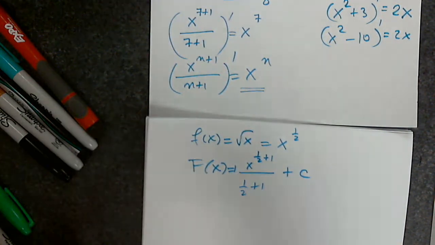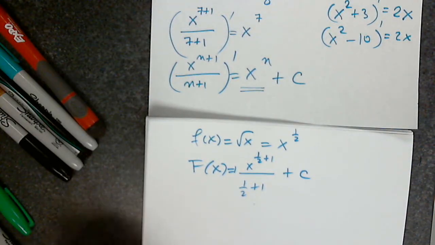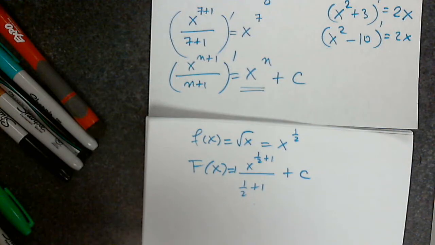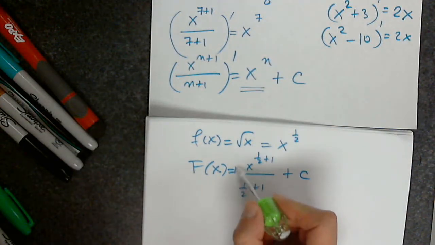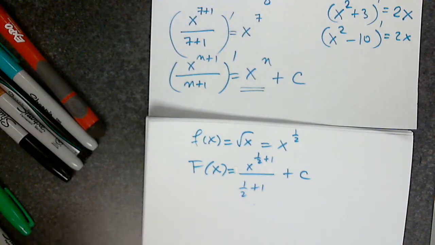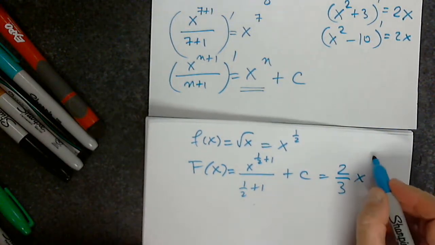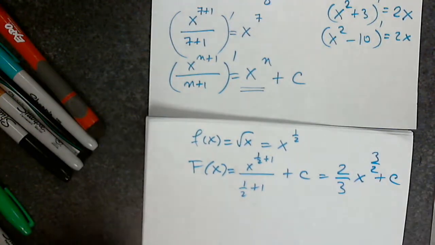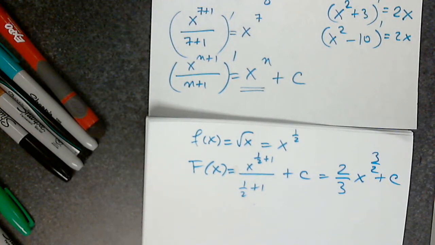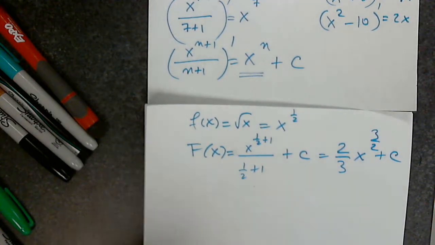And of course, if it's the most general antiderivative, I would put c in there. So 1/2 plus 1 is 3/2. The denominator is 3/2, and I have to flip it into 2/3. So then I have 2/3 x to 3/2 plus a constant c, the most general antiderivative of f of x, which is the square root of x.